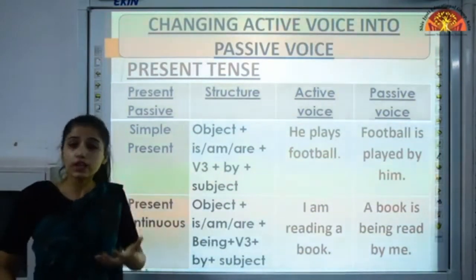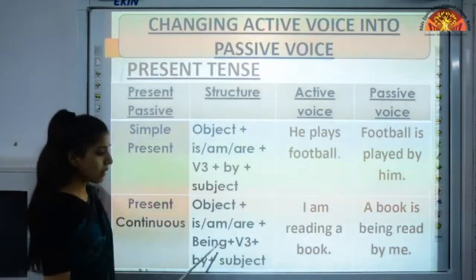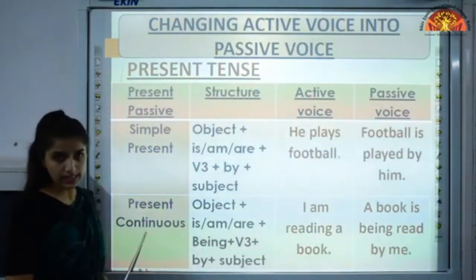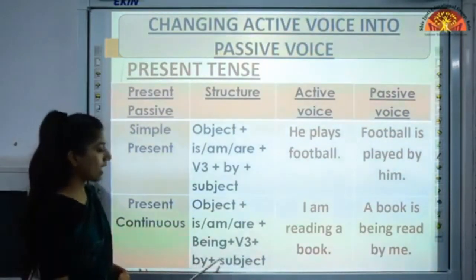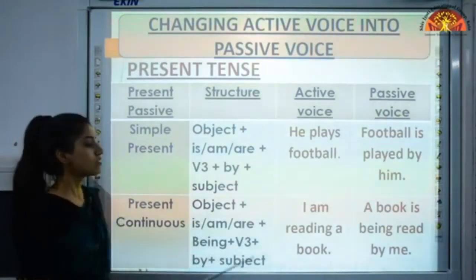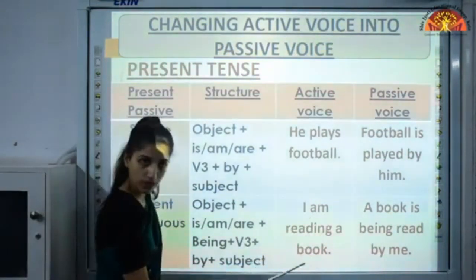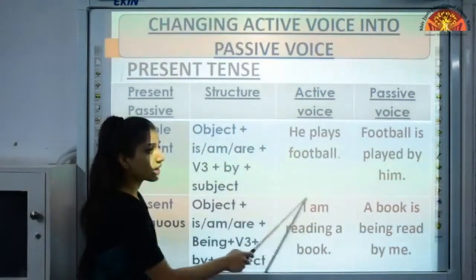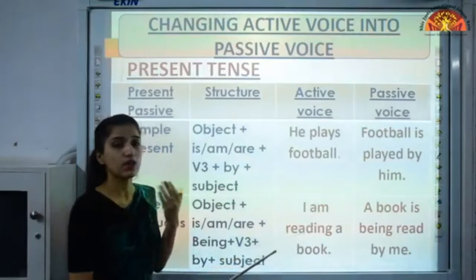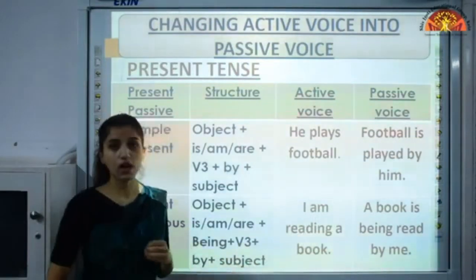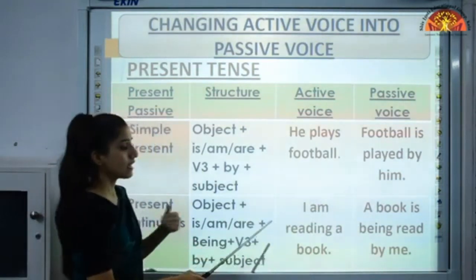If the object is singular, then is, plural then are, then being will be added, because we are talking about continuous tense over here, and then the third form of the verb, and then by, and then the subject. So now as you can see over here, I am reading a book. I is the subject over here, am reading is the verb, and a book is the object. So now we are converting this sentence into passive.